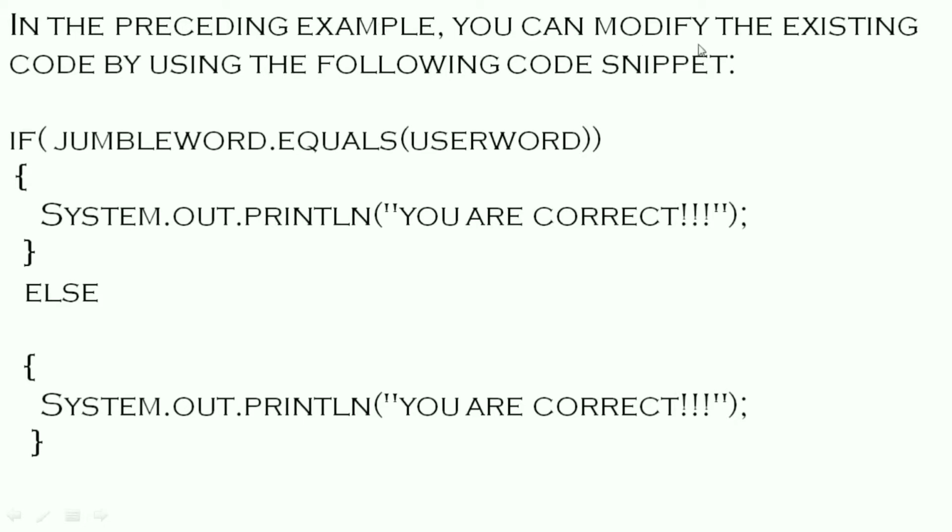In the preceding example, you can modify the existing code by using the following code snippet. If jumble word equals user word, where jumble word is one variable and user word is another variable, then System.out.println you are correct is printed.